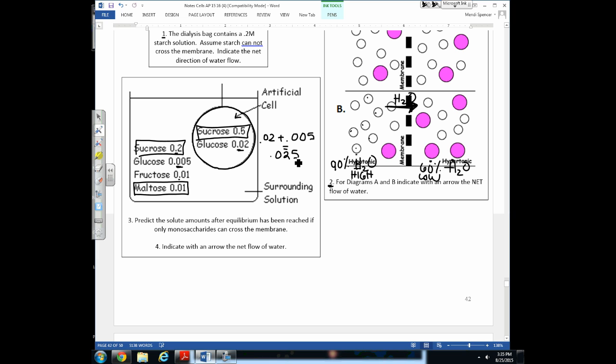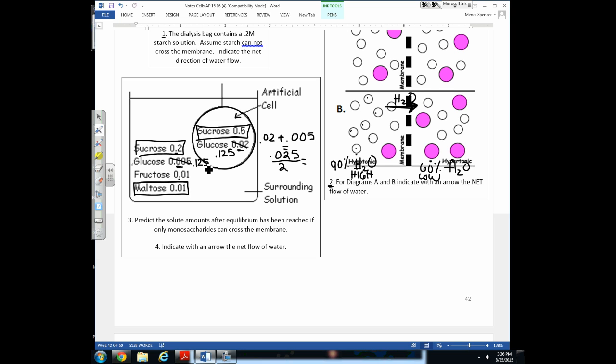So take that number and divide it by 2, and that gives us 0.125 would be on the inside, and 0.125, and I'm guessing this is probably dealing with grams, so 0.125 grams of glucose would be on the outside. Fructose is a monosaccharide, so it's going to move until it reaches equilibrium in both solutions.